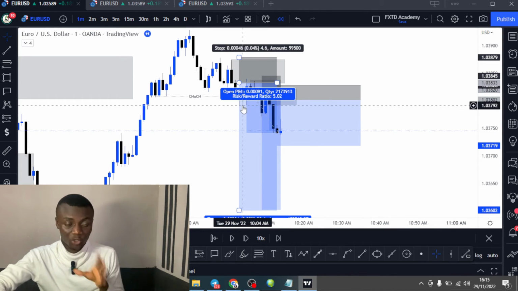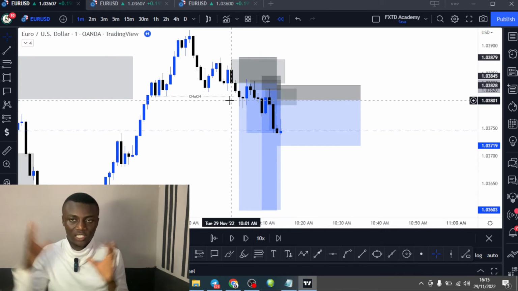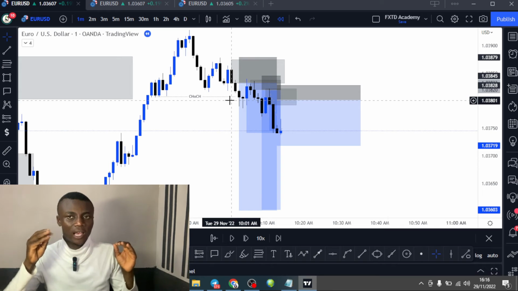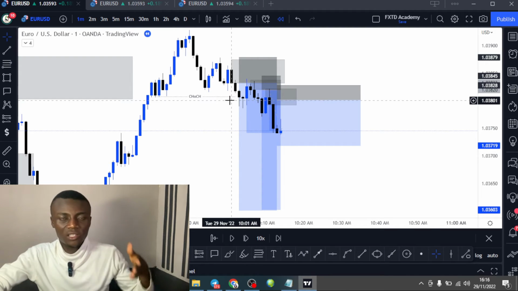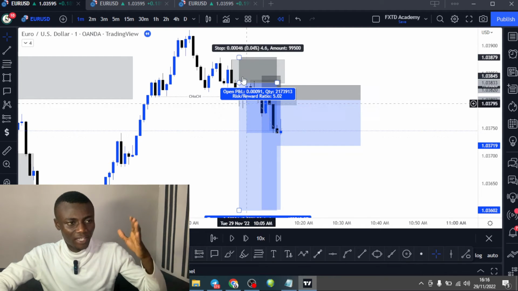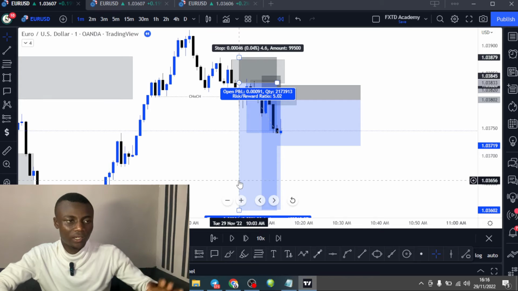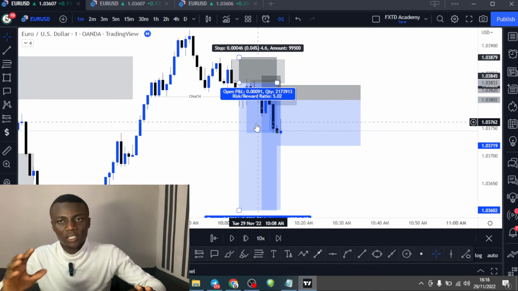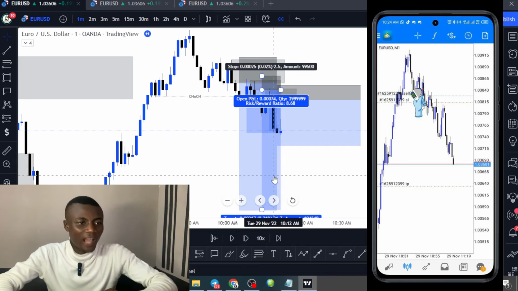What I usually do with this single entry is use it to stack up trades. And aside from stacking up trades, let's say I miss the first entry, and I check and see that there is already a protection of a particular area, I can now use the single candle entry.